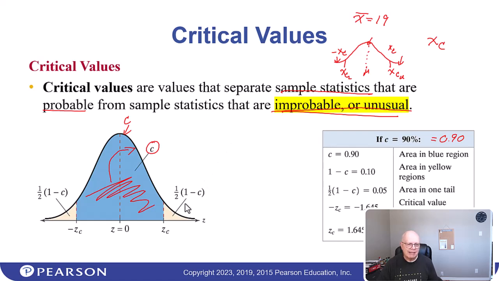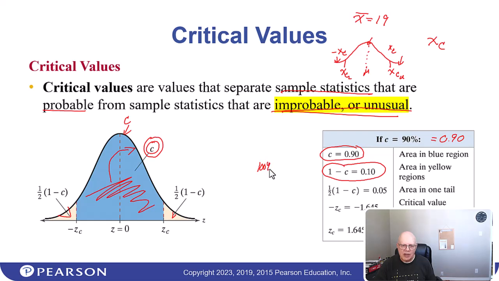There are always some areas on the right and on the left with what's left over from 100%. So in this case, we've got C is 0.90, and that means what's in the two ends, the right and the left tails, is what's left over.